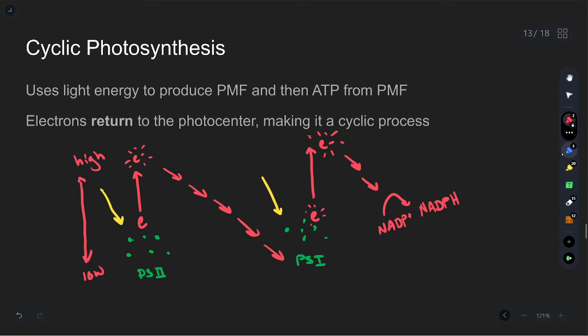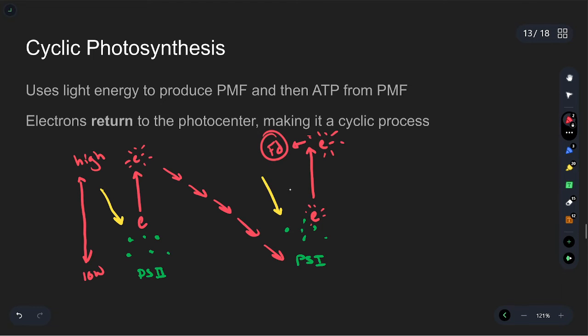In cyclic photosynthesis, we mostly make ATP. And so when the light hits PS1, that makes our electron go from a low energy level state to a high energy level state, we have Ferredoxin, our electron carrier, right?